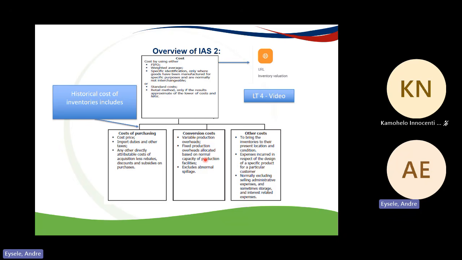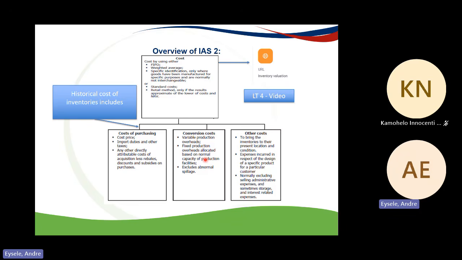Then all you do is you get your budgeted or incurred fixed production overheads, say for depreciation, or you will know the rent of the factory. Let's say that you spent 100,000 rand on rent, and you can make 10,000 bicycles.